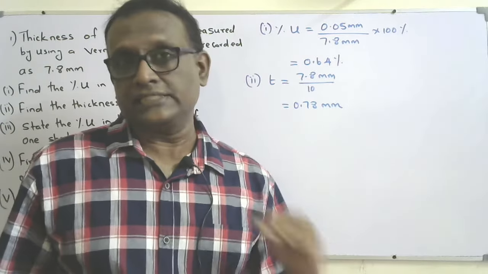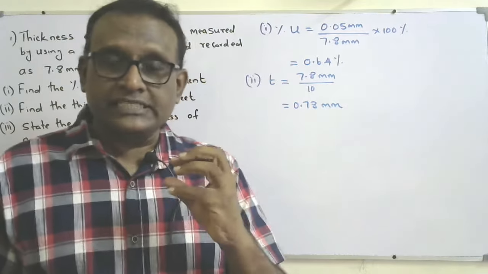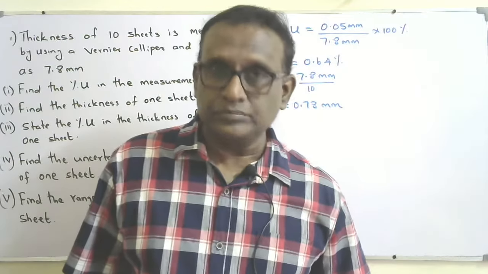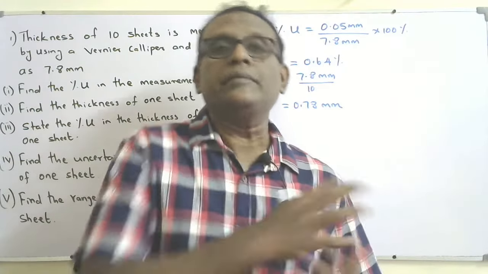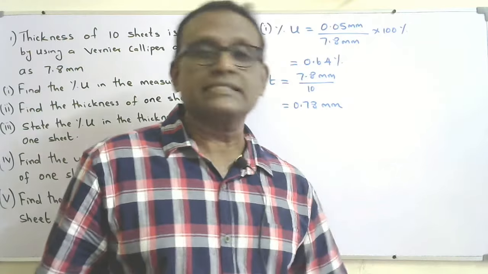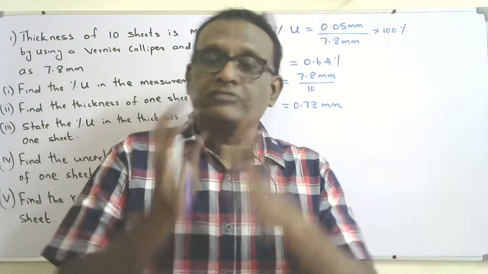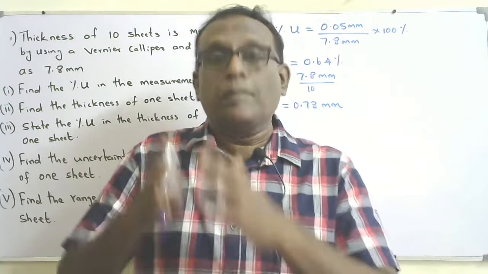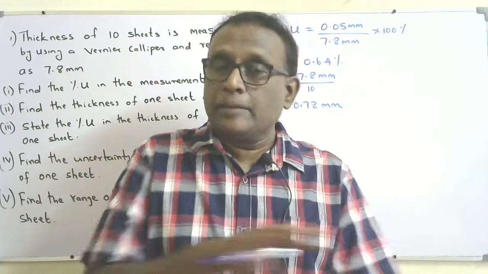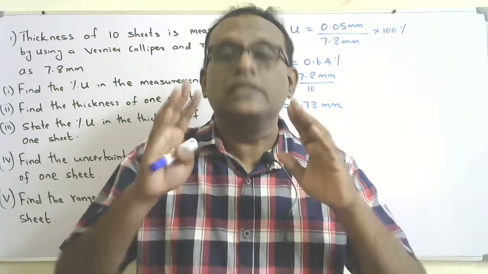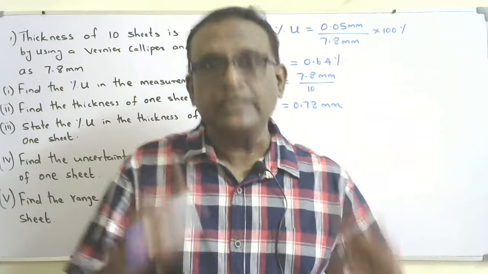It never changes. Remember that whenever a measurement is divided by a number, or even when you multiply by a number, the percentage uncertainty will not change. I'll give an example; the next example is based on multiplication. It will remain the same.